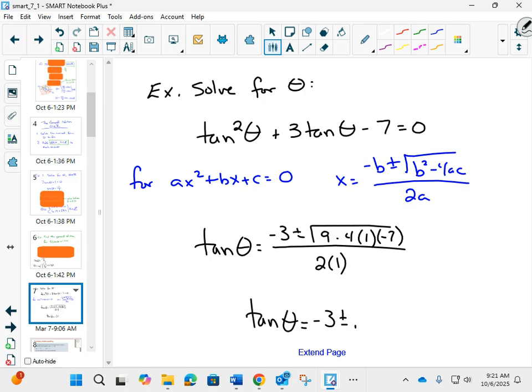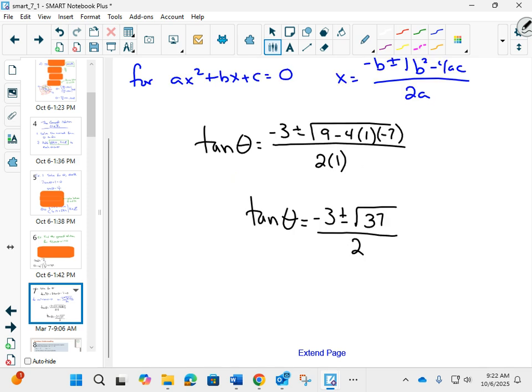Simplifying this would give me negative 3 plus or minus 9 plus 28, negative 3 plus or minus the square root of 37 over 2.